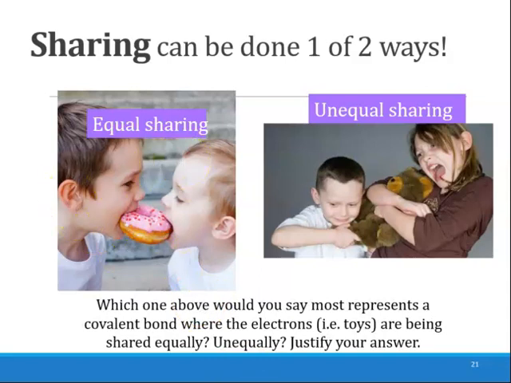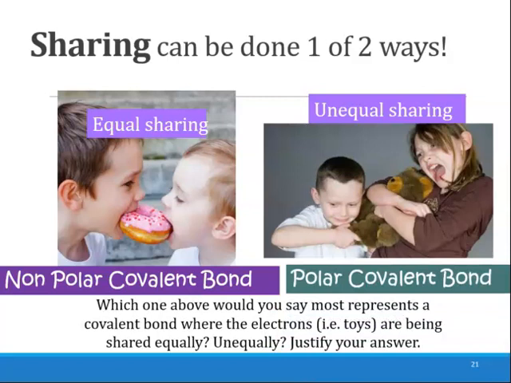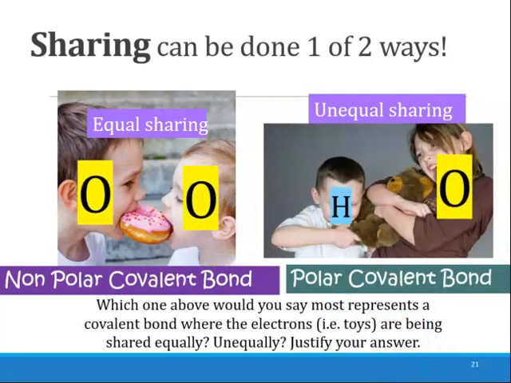When we have an equal sharing of electrons, this is known as a non-polar covalent bond. When we have an unequal sharing of electrons, this is called a polar covalent bond. So here we can see equal sharing between 2 atoms of oxygen, and here we see unequal sharing of electrons between oxygen and hydrogen.